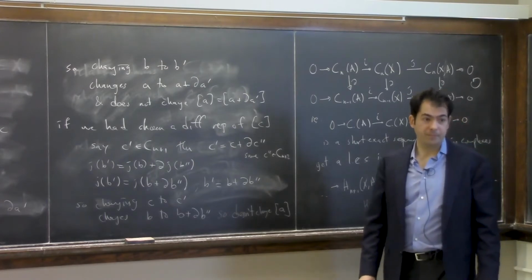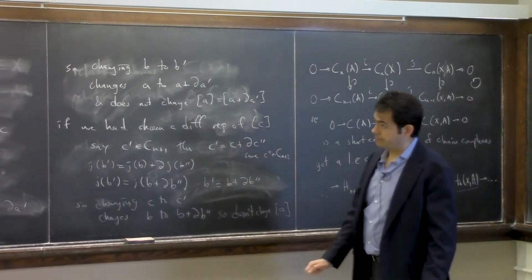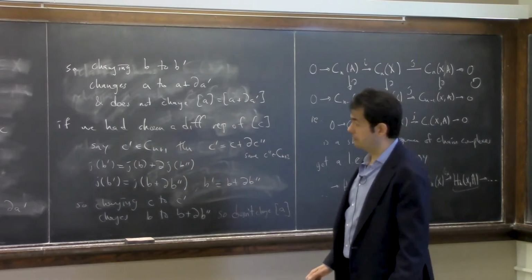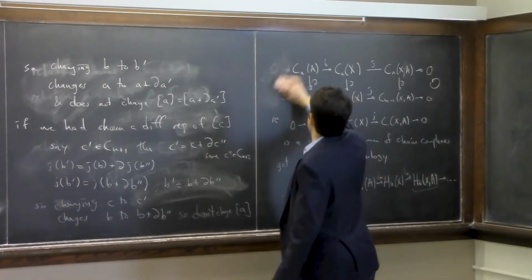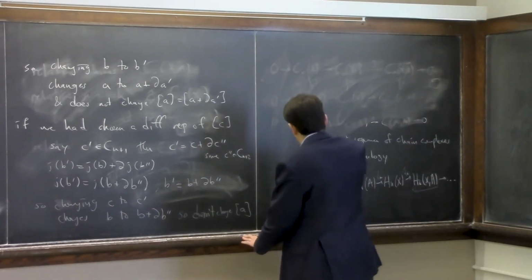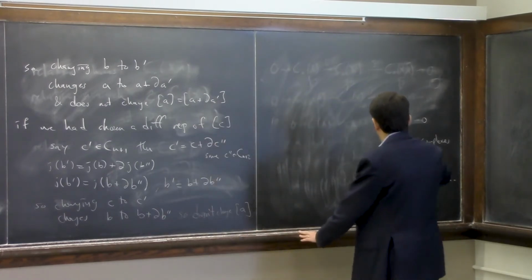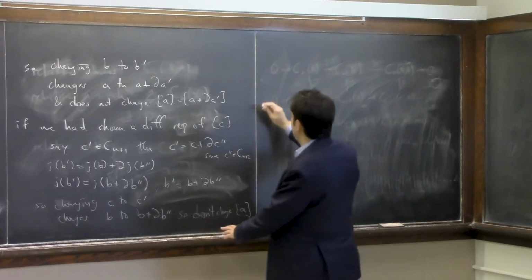Okay. Wonderful. So we have a map. It takes cycles to cycles. So it descends to homology. So here's the theorem.